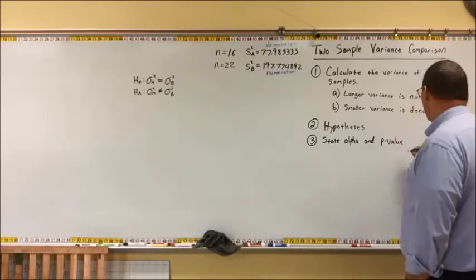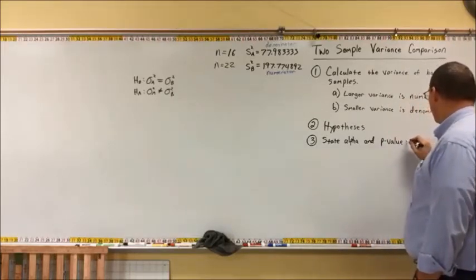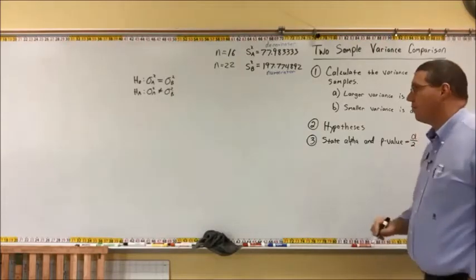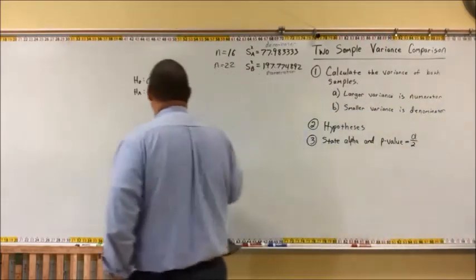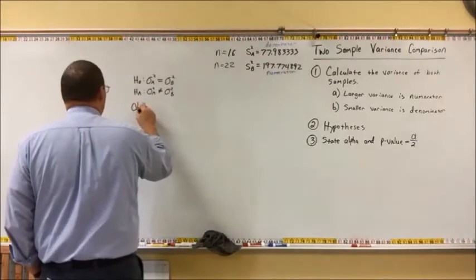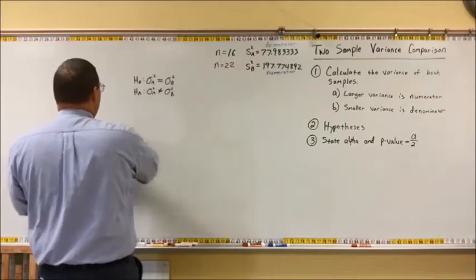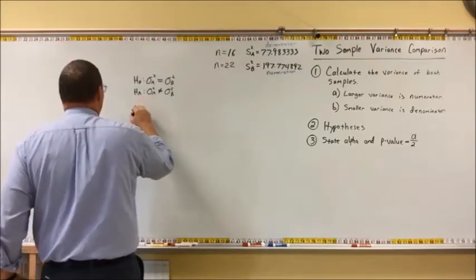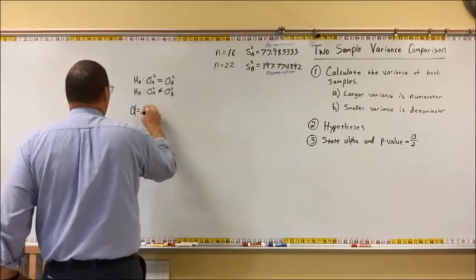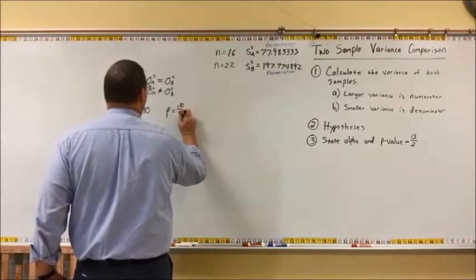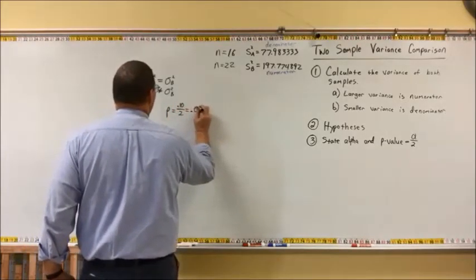So we know that the p-value is going to be equal to alpha divided by 2 every time. So for step 3, we're going to say alpha is, the question said, 0.10. So the alpha is 0.10, and so the p-value that we're going to deal with is 0.10 divided by 2, which is 0.05.